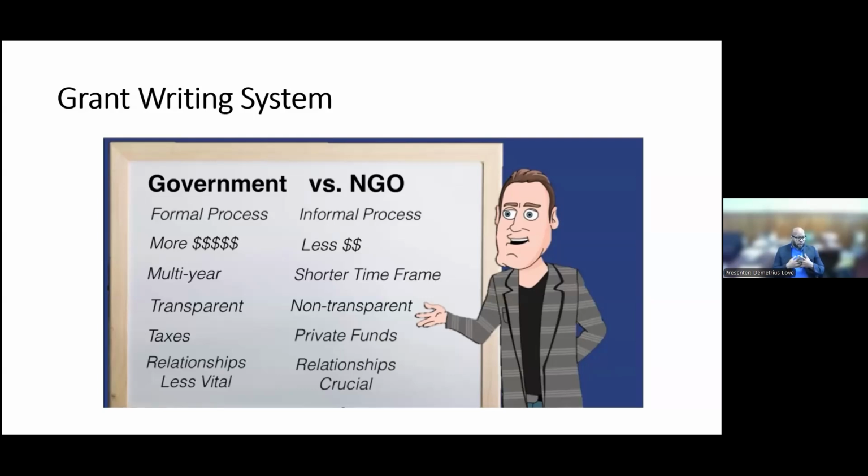When you're going after a government grant, it will have the guidelines, and a strong grant proposal can get you the grant. When you're going after a private funder, relationships are everything. Remember that relationships are everything.